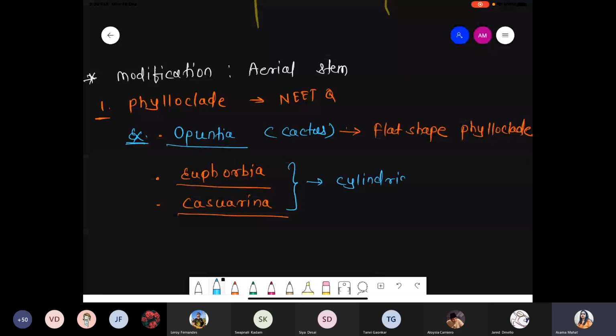So cylindrical shape phylloclade is present. So Opuntia, flat; Euphorbia, Casuarina, cylindrical shape. So we are talking about the meaning of phylloclade, what its major function is, and how questions will arise. Okay, should I continue?